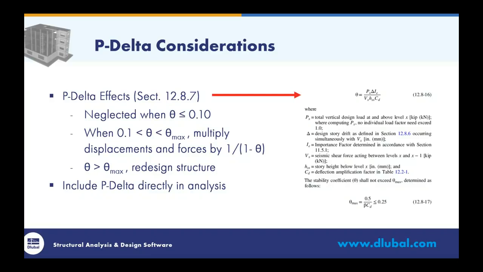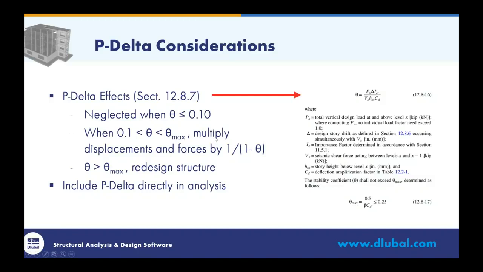However, if we have the situation where theta is greater than 0.1 but less than theta max, which is also given within the standard over here on the right, then we need to multiply our displacements and our forces by 1 over 1 minus theta.